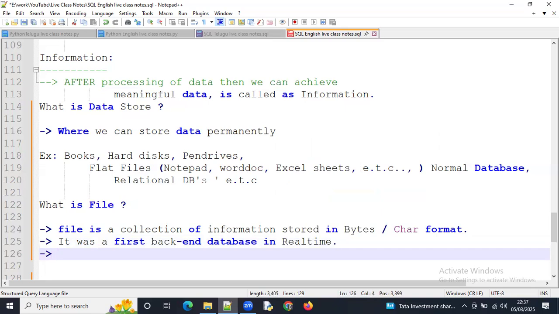So it was introduced in which year? The 1960s. So the file was introduced in the 1960s.